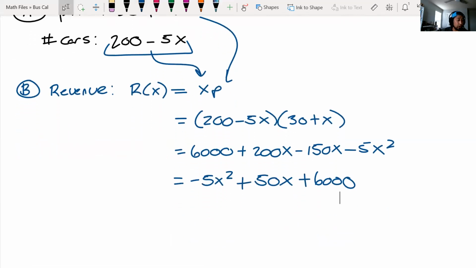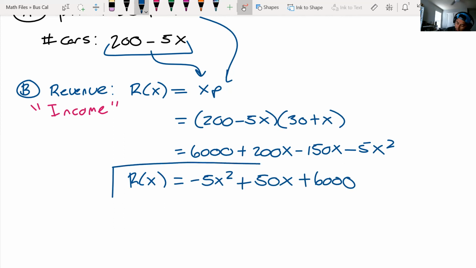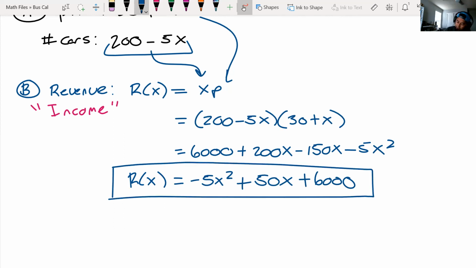There's our income or revenue. I guess I could change it to I of x if I needed to. We'll just say that this is income. So R of x, there's our income or revenue function.